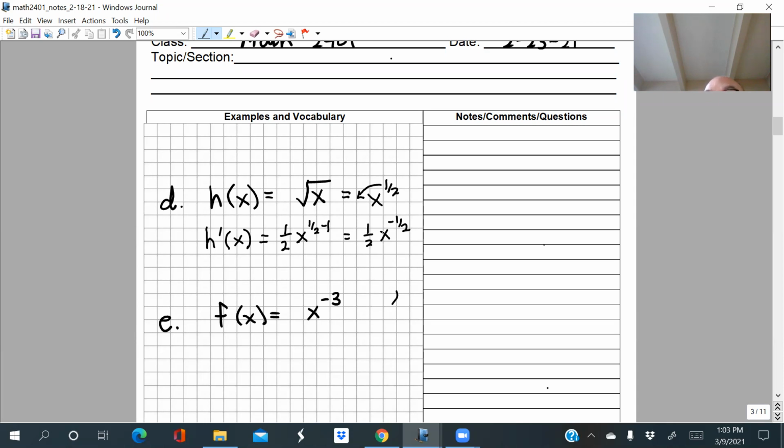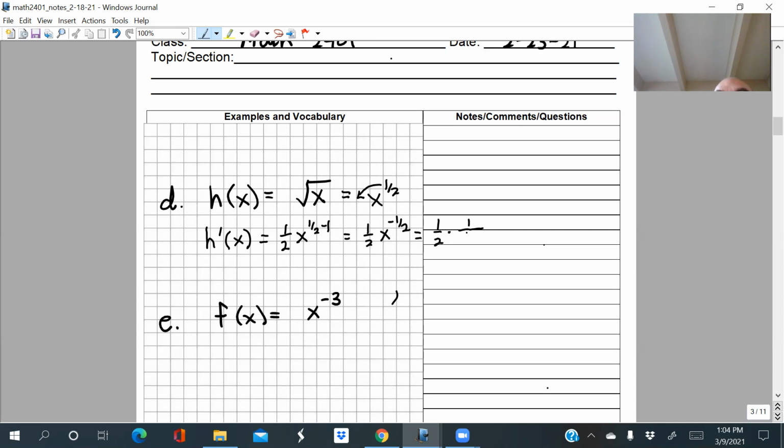Now, I'm going to rewrite this back in square root notation. Since the original function started in square root notation, let's convert this back. So let's see, this is 1/2 times. Now, when you have a negative exponent, remember, negative exponent means take the reciprocal.